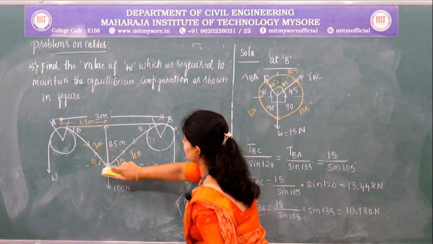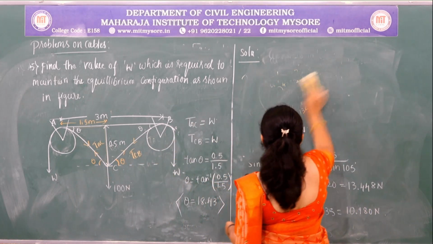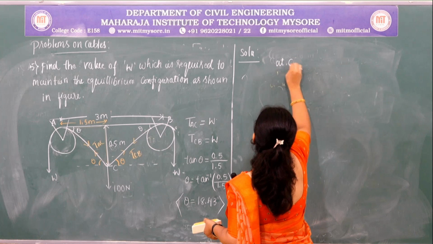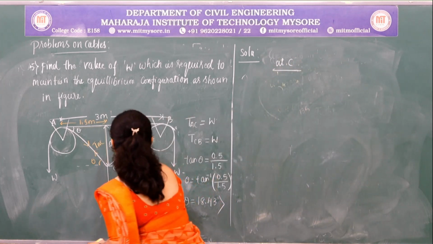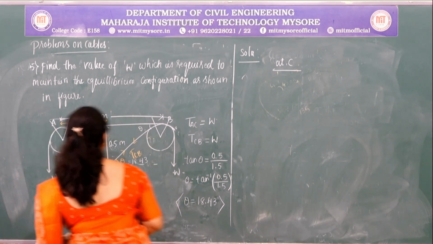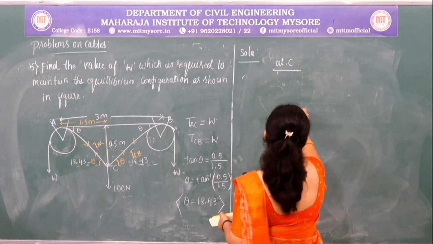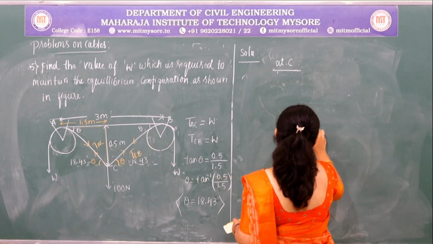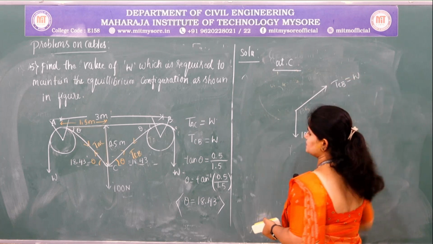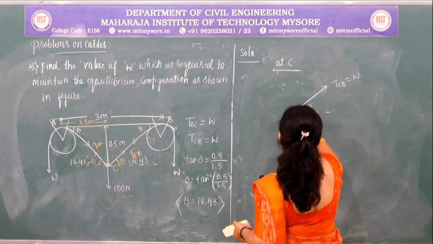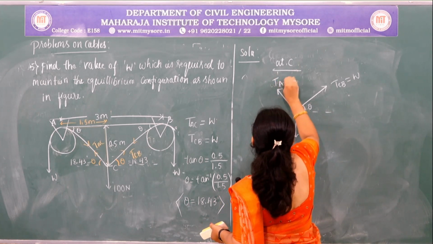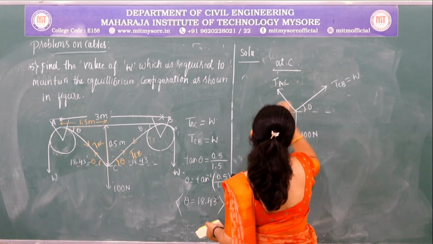Now, let us consider the joint C. So at C, this theta will be equal to 18.43 degree. First write the free body diagram at C. This is 100 Newton and this is TCB which is equal to W and the inclination angle is theta and this is TAC whose inclination angle is again theta.